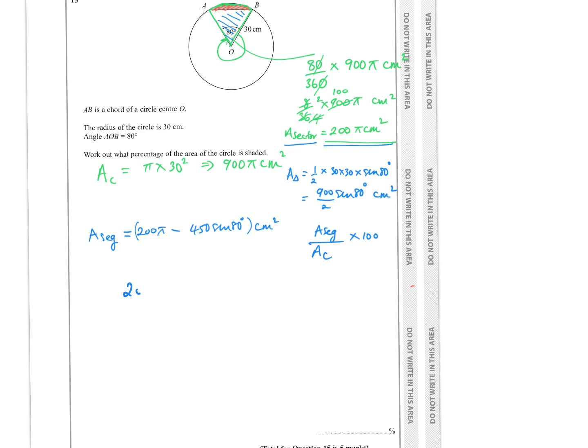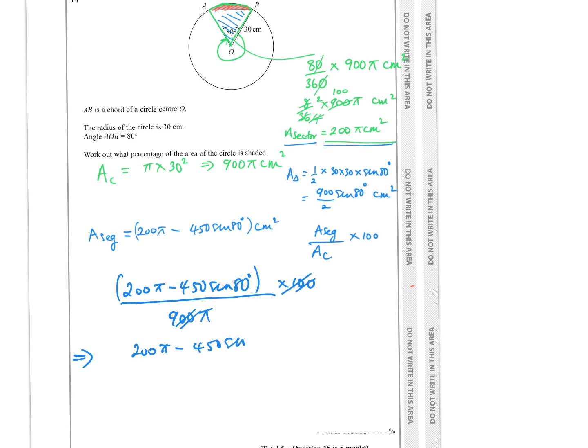So I'm going to say 200 pi minus 450 sine 80 all over the area of the circle, which is 900 pi, and then times that by 100. So I'm going to divide top and bottom by 100, and that will give me 200 pi minus 450 sine 80 all over 9 pi.